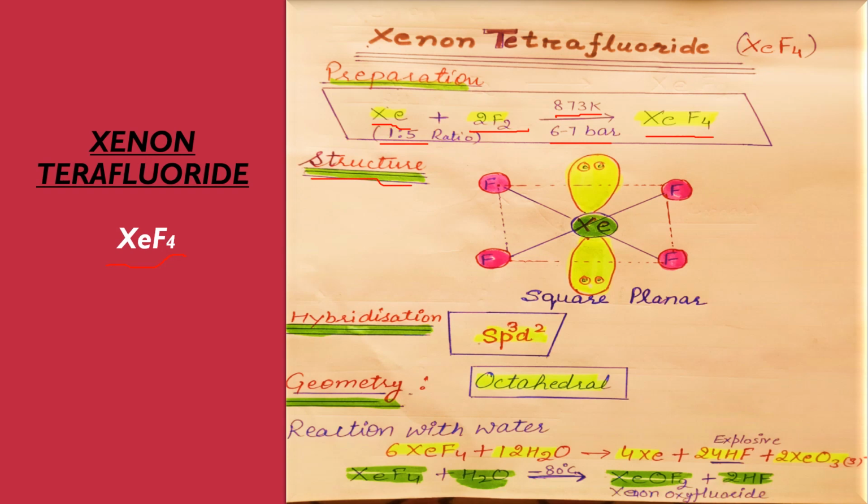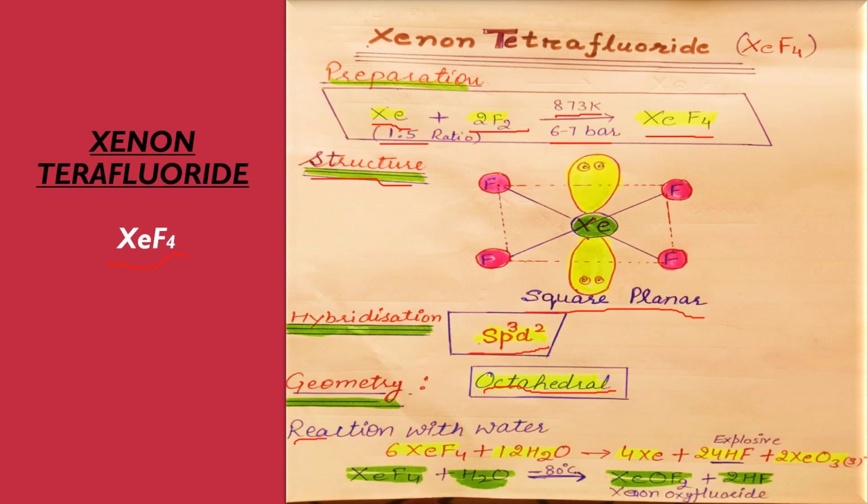Structure. Xenon tetrafluoride has a square planar structure as you see in the picture, and it involves sp3d2 hybridization and octahedral geometry, which means two positions are occupied by lone pairs.